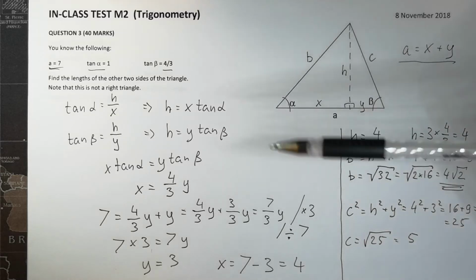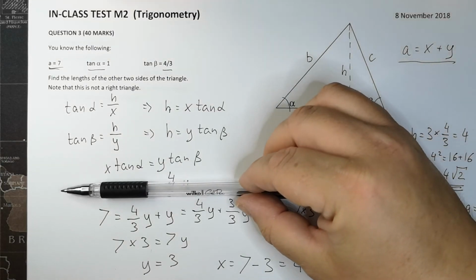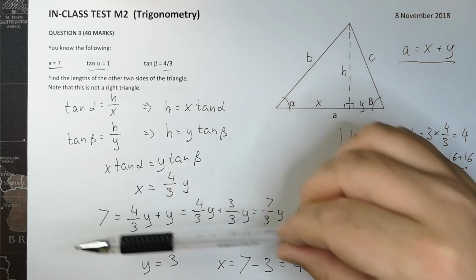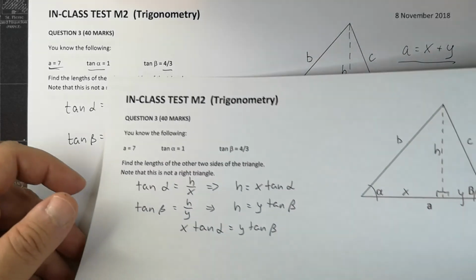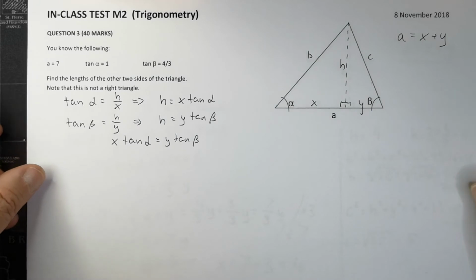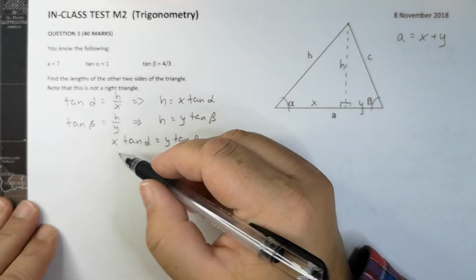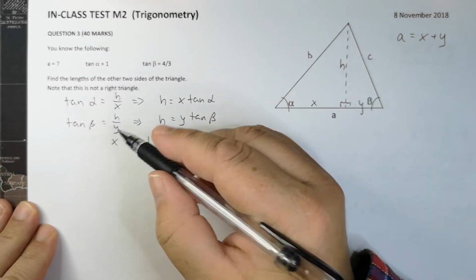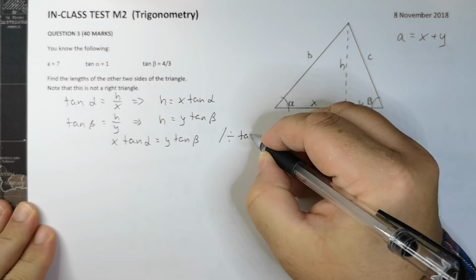So all this stuff is in the symbolic form anyway, up to this point. And now I will take a new sheet of paper, to have some space for the fully algebraic solution. So from the equation we had, I will find x by dividing both sides by tangent alpha.